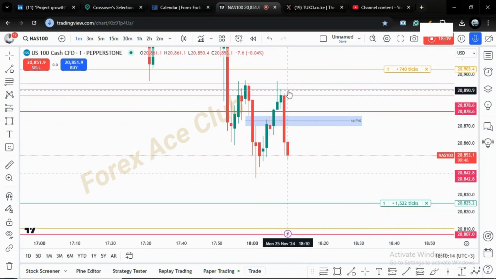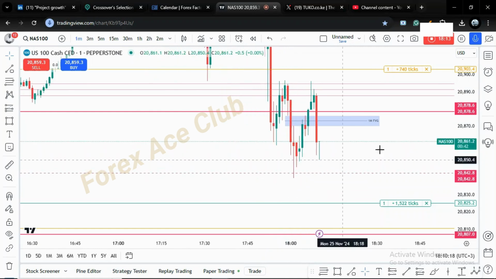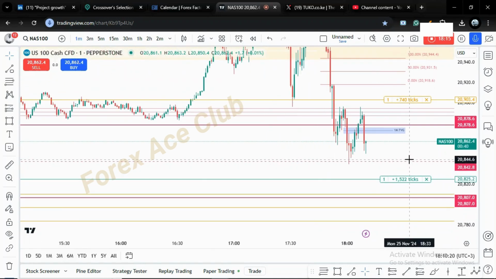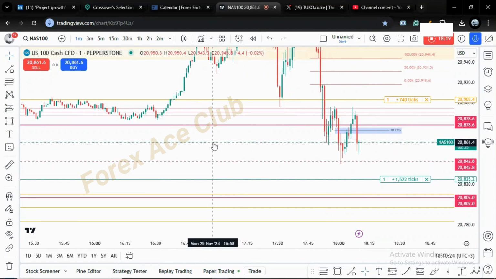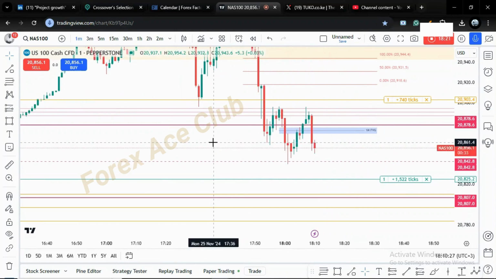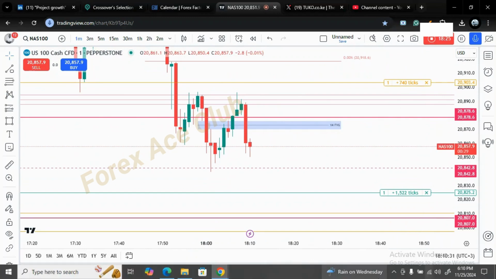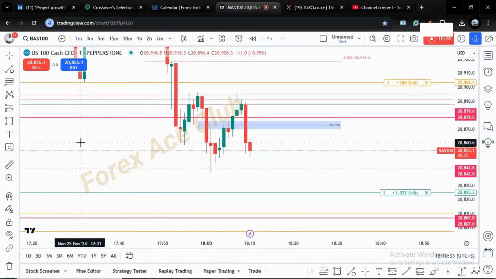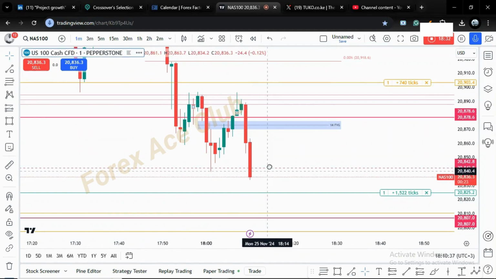This FVG tool, I'm excited. We respected it. Now price is firing lower. I want to see the market going to my take profit. Good, now we're going to my take profit. Midpoint of it.